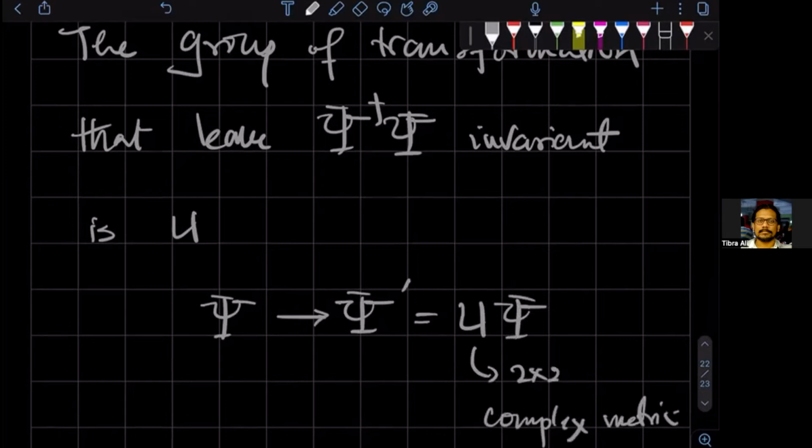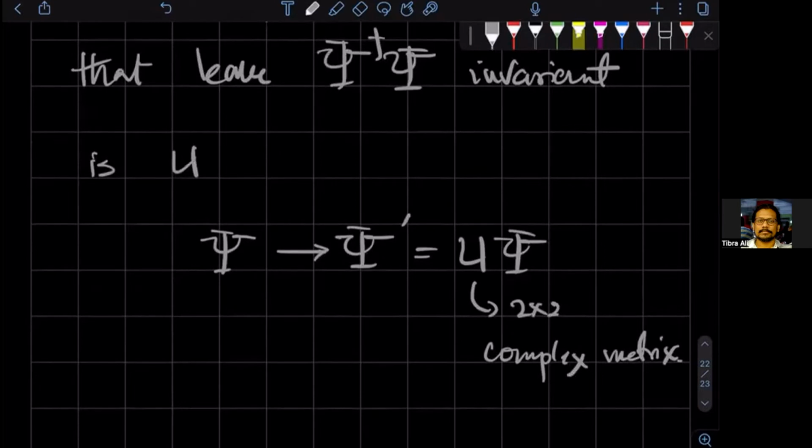Why is it complex? Because the Hilbert space has the complex numbers as its field. So basically these entries have to be in general complex.